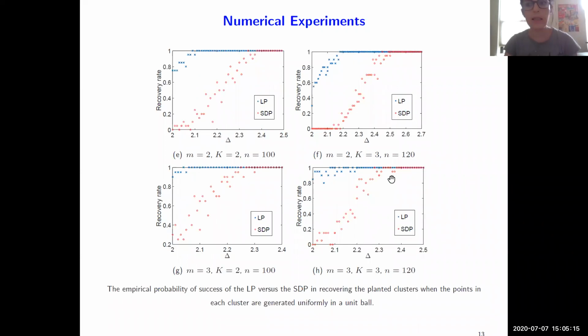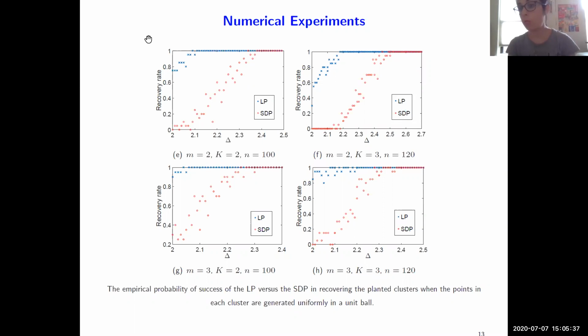Finally, in the last slide, we do the same computation, but this time for the stochastic ball model. This time the points in each cluster are generated uniformly in a ball of radius 1. Again, LP is significantly better than SDP. So this is just a new direction we have started. There are many open questions.